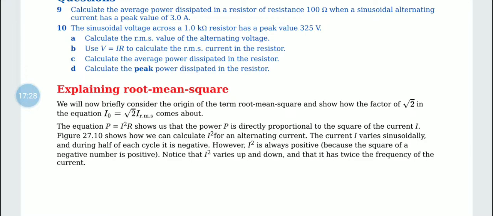We know that power equals I squared R shows that the current has a direct relationship with power. That means the current squared is directly proportional to the power. In other words, power is directly proportional to the square of the current I.